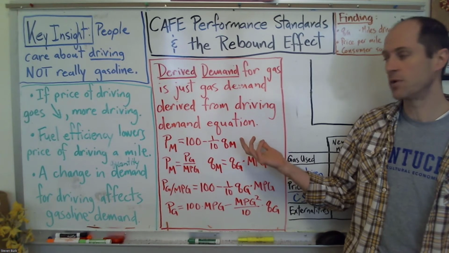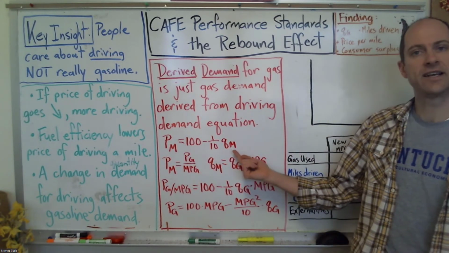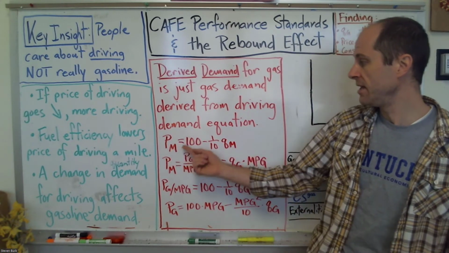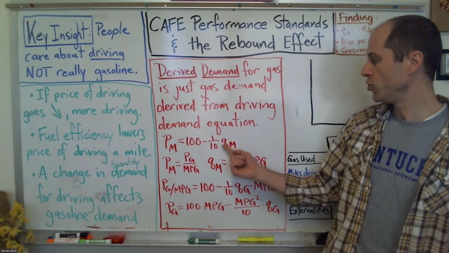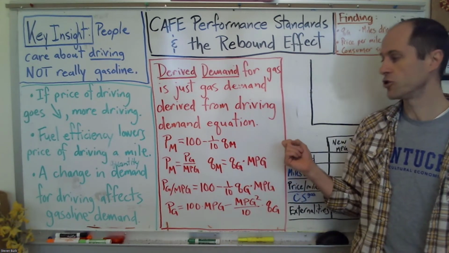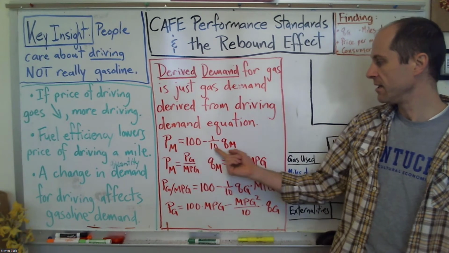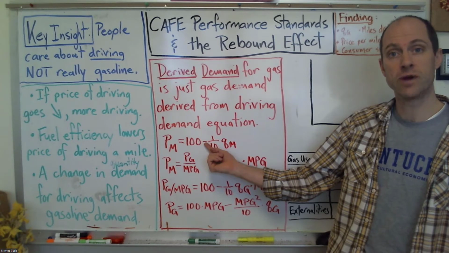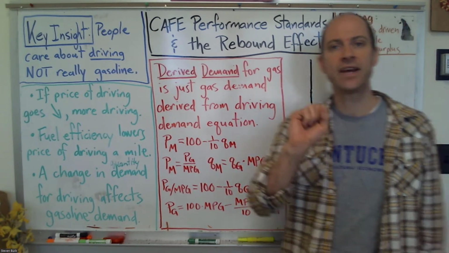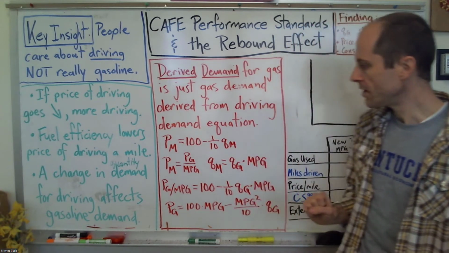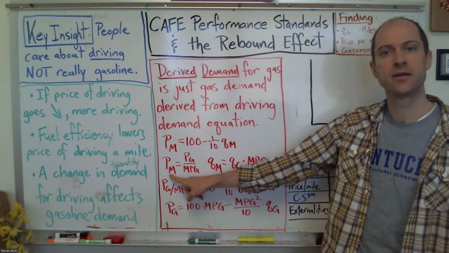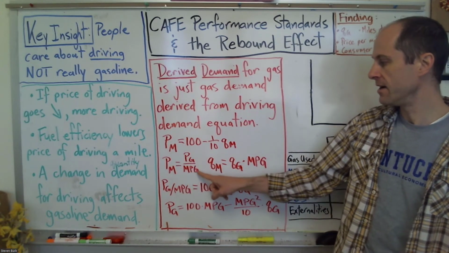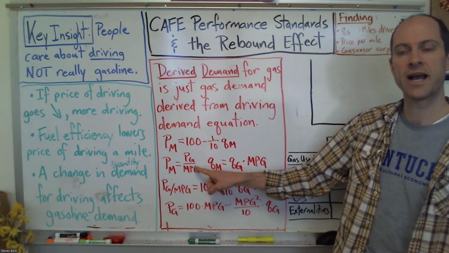So let's take a look at some equations. Right here I have an example of a demand equation for driving miles. PM is the price per mile, QM are the number of miles driven. And as we see, there's a negative slope, so we have a downward demand curve for driving miles. We're going to take advantage of two identities. The first one relates the price per mile driven to the price of gasoline via fuel efficiency, miles per gallon.